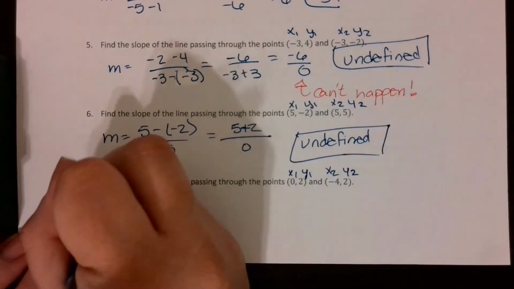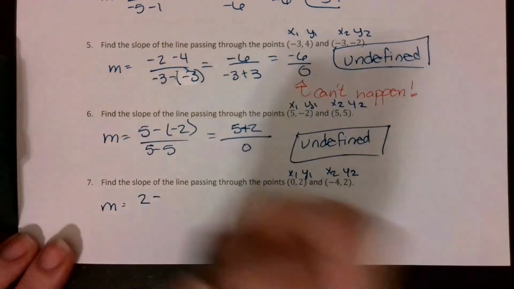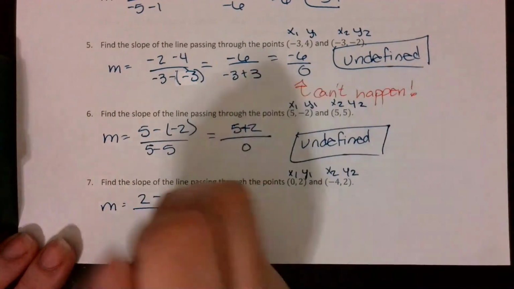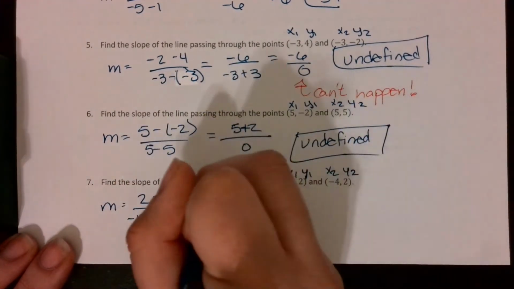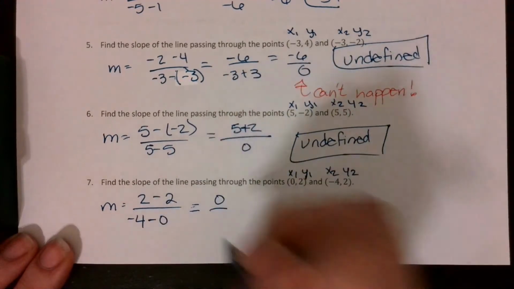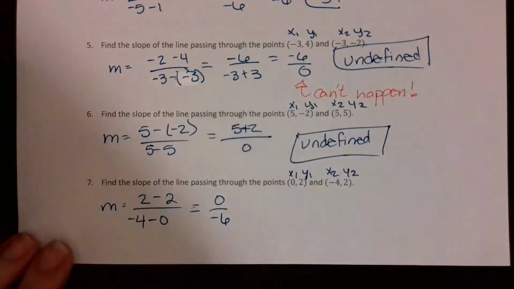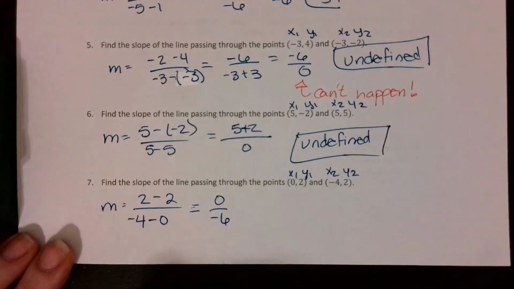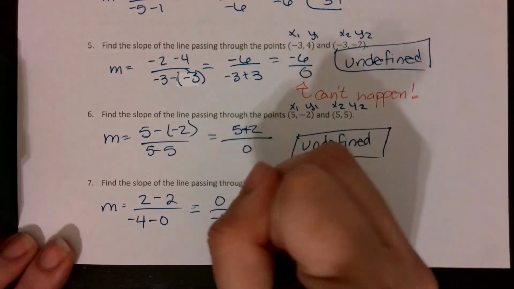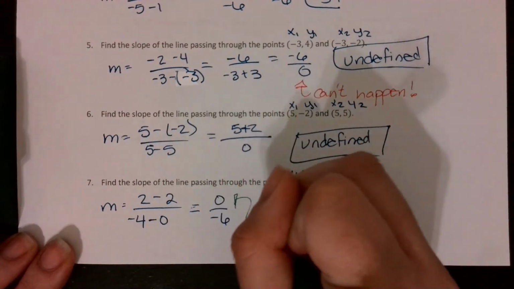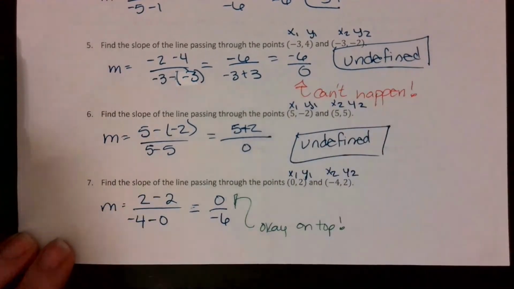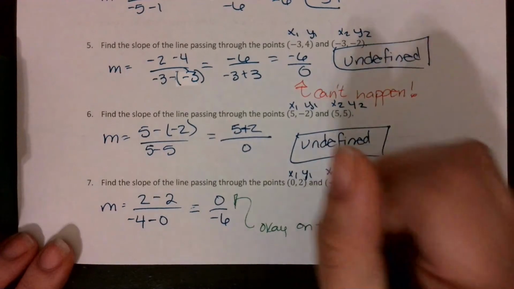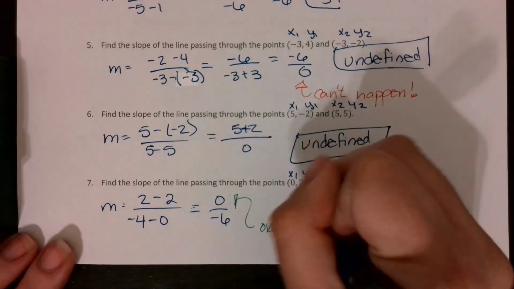Plug in. On the top, I get 0. On the bottom, I get -6. This is okay. So then my answer just simplifies to 0.